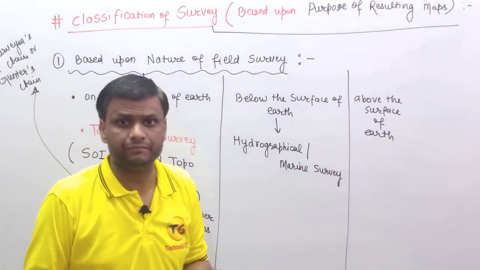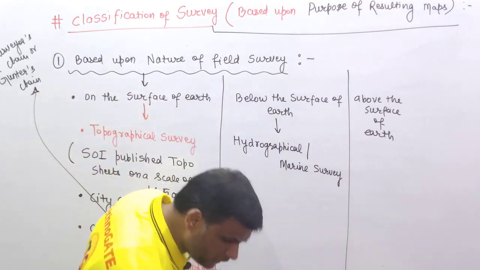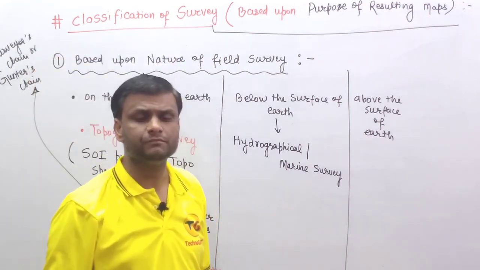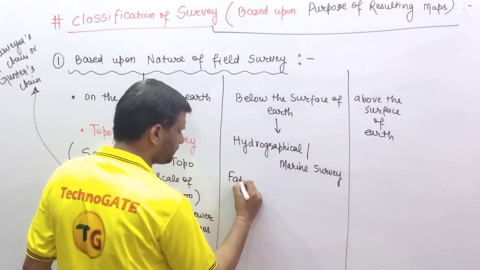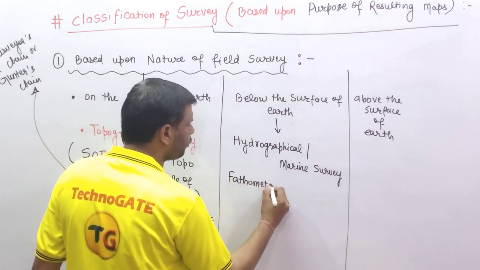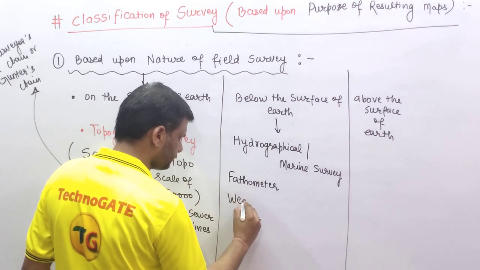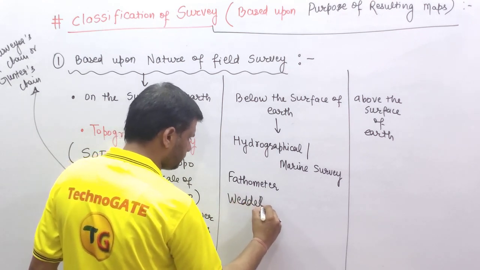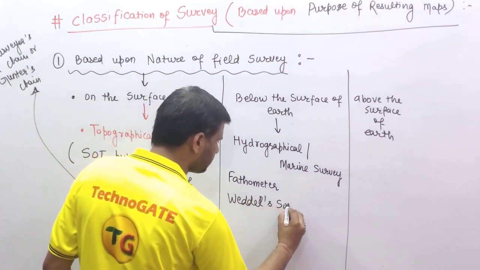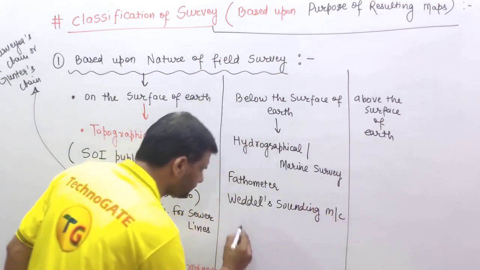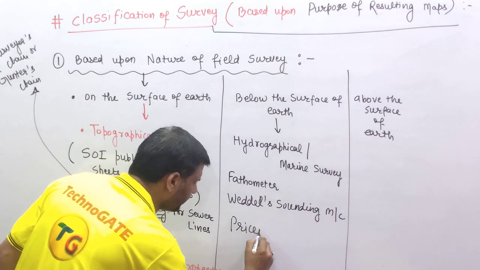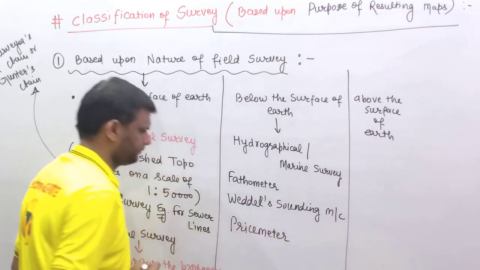For the marine survey, for the measurement of depth of sea and depth of rivers, different instruments are used: fathometer, Weddell's sounding machine, and price meter.